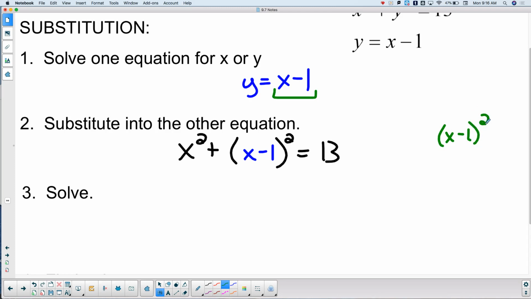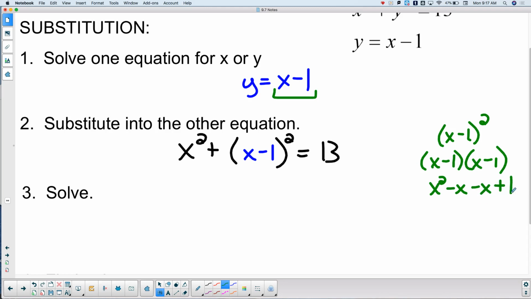Now, if you are a proponent of bad math, you would get x squared plus 1 there, because you would just square the x and square the negative 1. But that's bad math, because x minus 1 quantity squared is really x minus 1 times x minus 1, which is x squared minus x minus x plus 1.